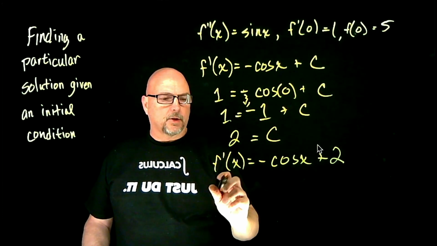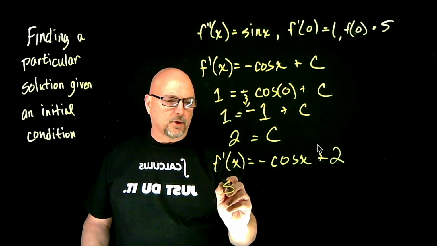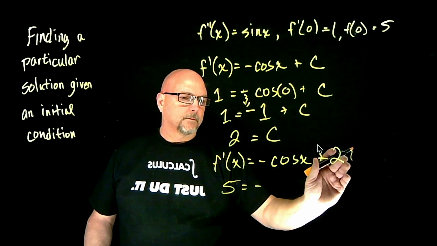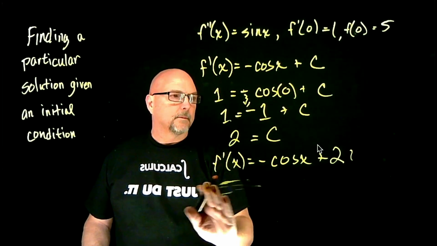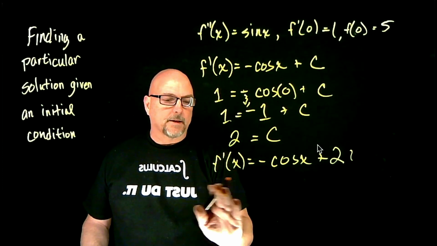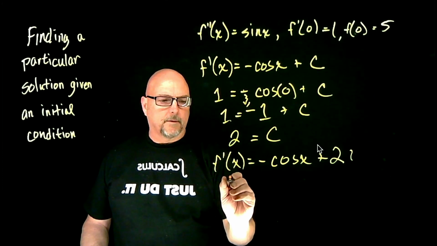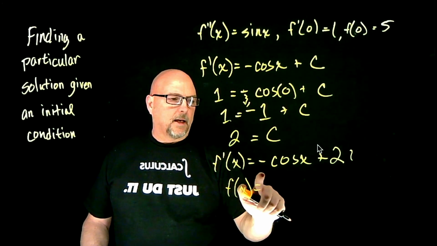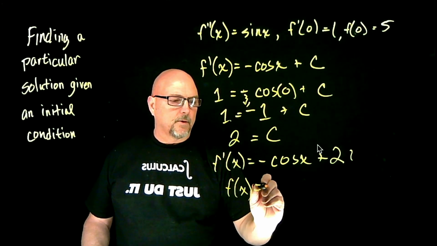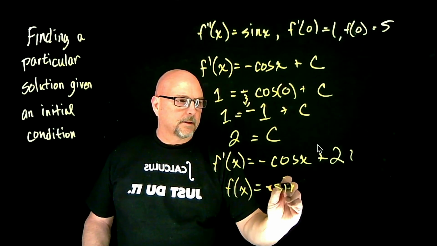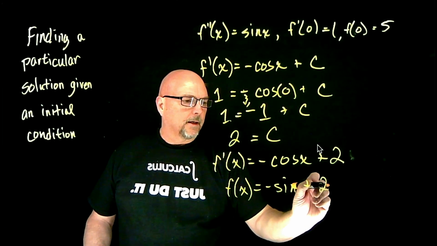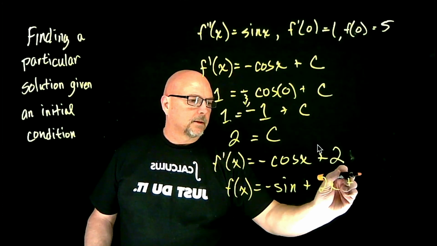So that initial condition says that my function is 5 when, oops, I forgot to take my antiderivative. Antiderivative of f prime of x is f of x. And the antiderivative of negative cosine x is negative sine x. That's plus 2x plus c.